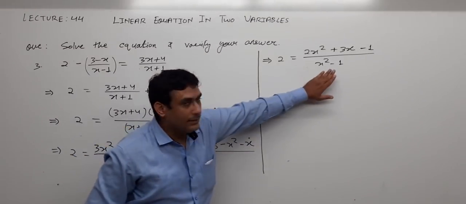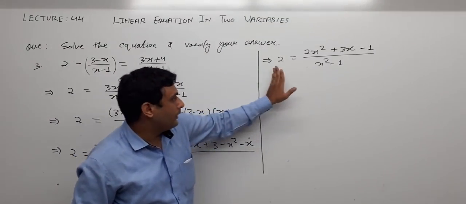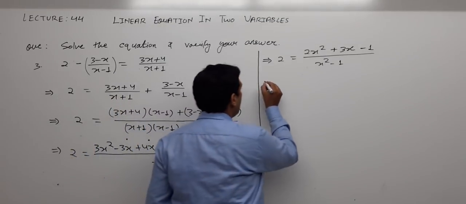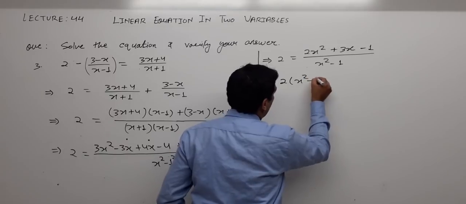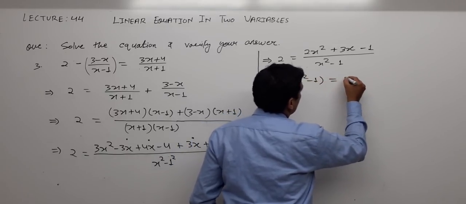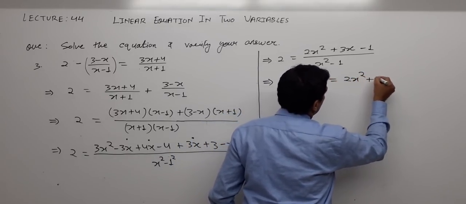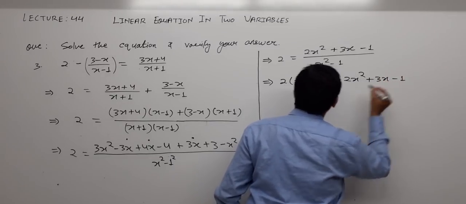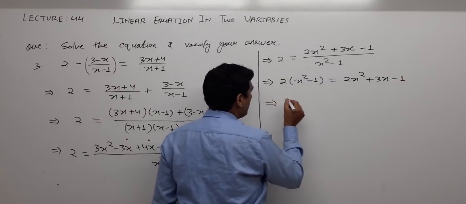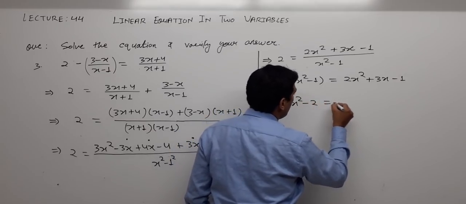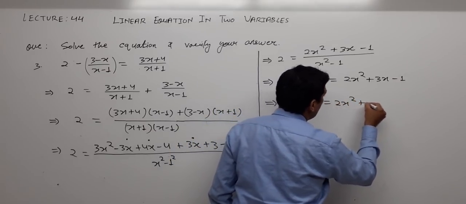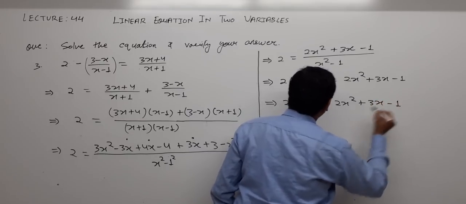Now I will take this term which is in the denominator over here, cross multiplication you can say. So this gives me 2 multiplied by (x squared minus 1) is equal to 2x squared plus 3x minus 1. So this ultimately gives me 2x squared minus 2 is equal to 2x squared plus 3x minus 1.